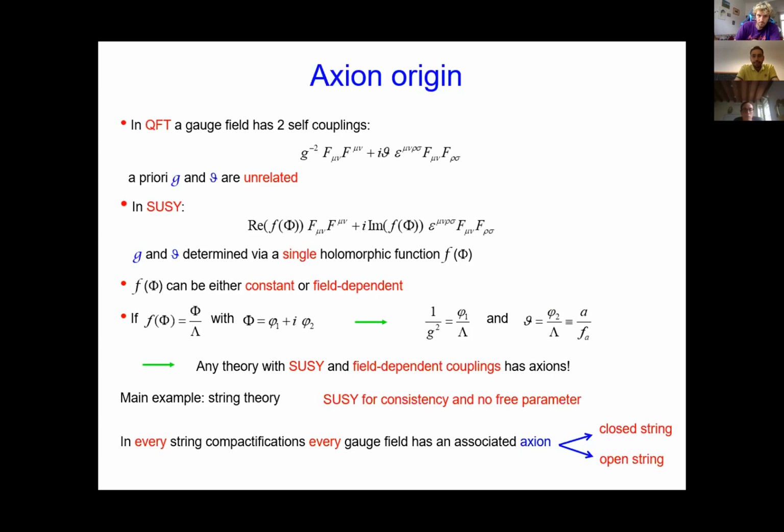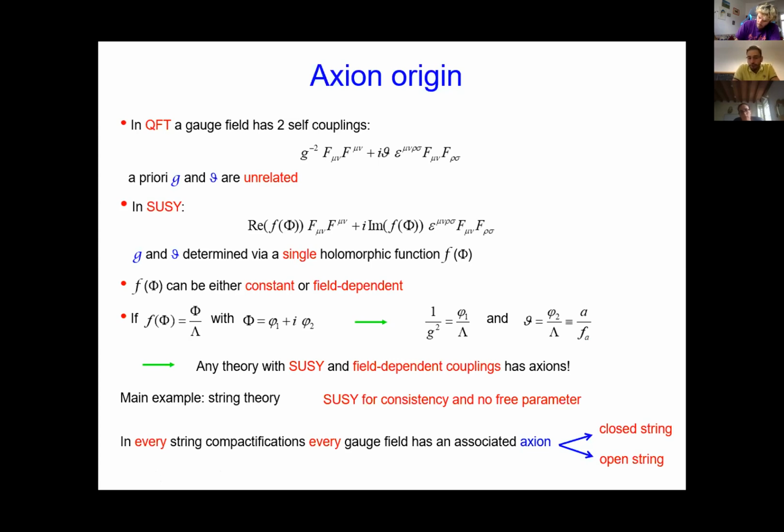And these can be either constant or field dependent. So here I'm taking the simplest example where this function is linear, where phi is a complex field with real and imaginary parts, phi1 and phi2. And then one would have that g is set by phi1 and theta is set by phi2. So this simple argument tells you that any theory which has got supersymmetry and field-dependent couplings has axions.